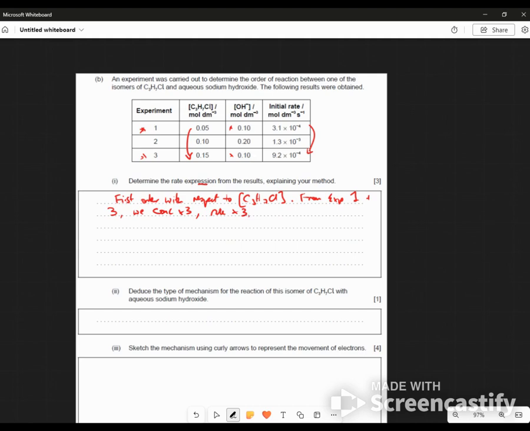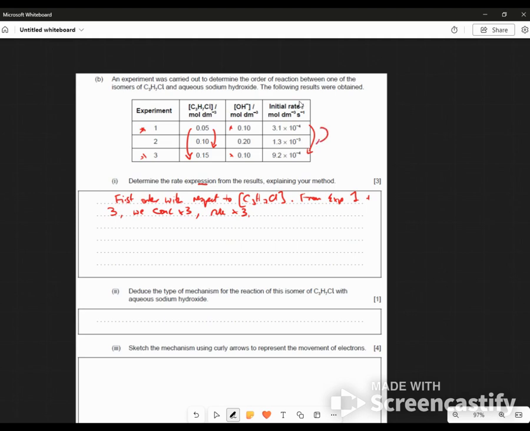Let's have a look at the other ones. Now let's have a look at this one, 1 and 2. Let's get the calculator out here to see the conversion factor, the rate factor. So we've got 1.3 × 10^-3 divided by 3.1 × 10^-4.